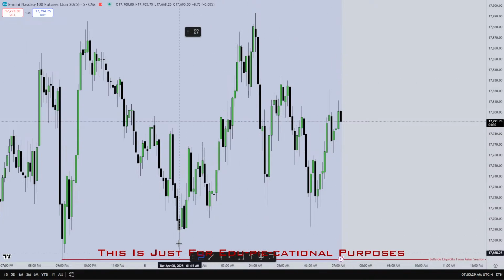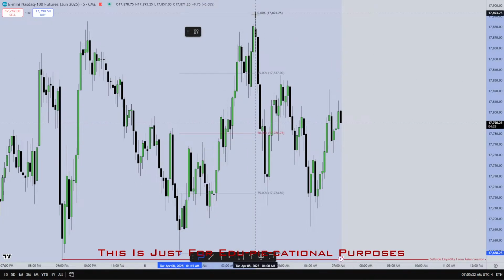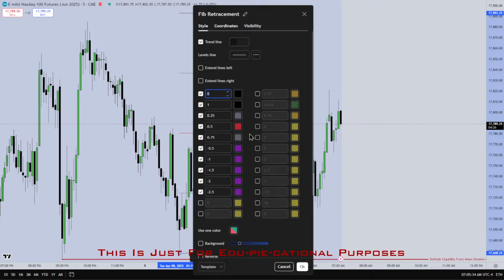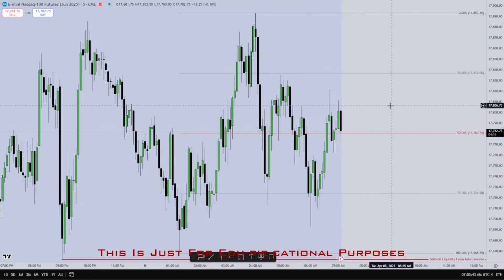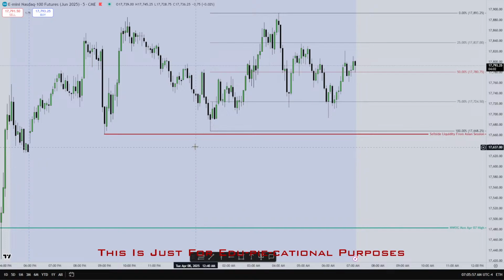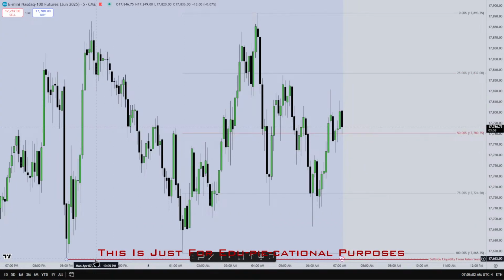What we can do is measure this range from here to here, but cancel all of these levels because they are not pertinent to our analysis right now. We are at the 50% level of the range, so it is not quite clear to me where the market is trying to reach, but my interest for now is this level here as a sell side liquidity.